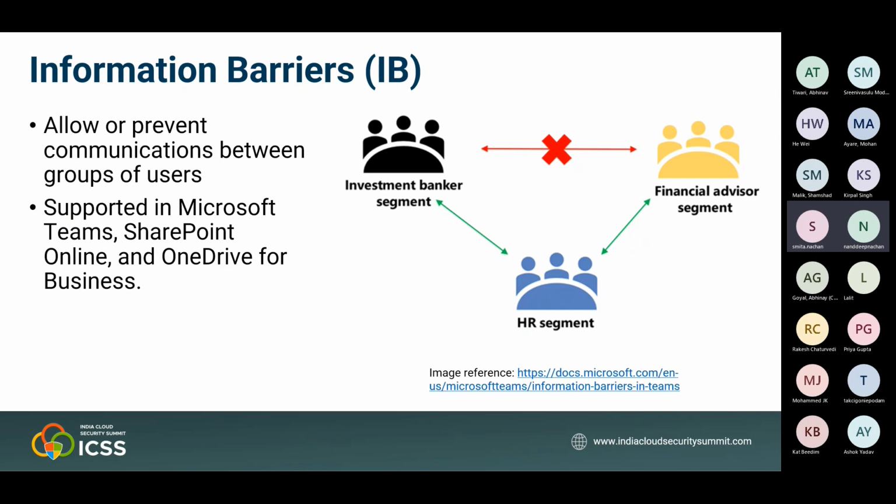With information barrier policies in effect, whenever users covered by those policies attempt to communicate and collaborate with others in Microsoft Teams, SharePoint Online, or OneDrive, checks are done to prevent or allow the communication and collaboration as defined by the information barrier policies.